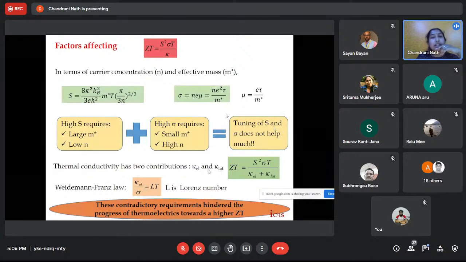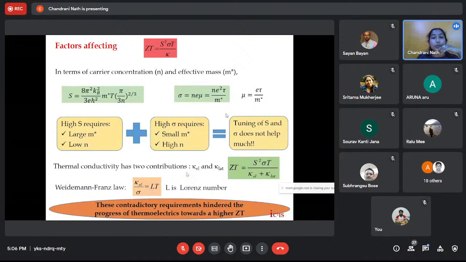There is another term in the figure of merit in the denominator, that's kappa, the thermal conductivity contribution. This thermal conductivity has two main contributions, one from the electrons and another from the lattice, the phonons. But here again, another term sets in.